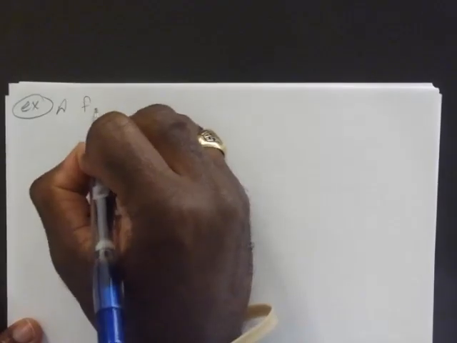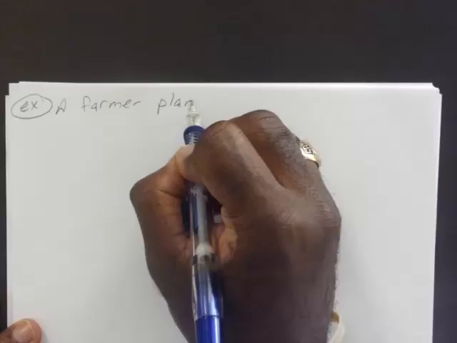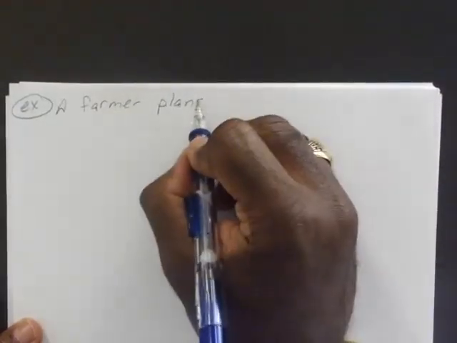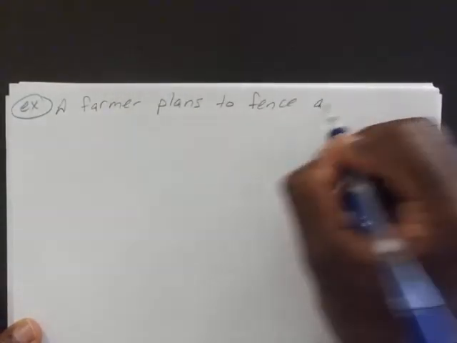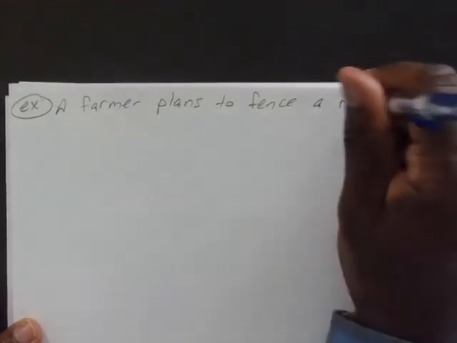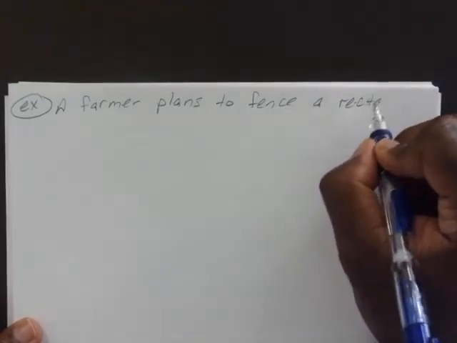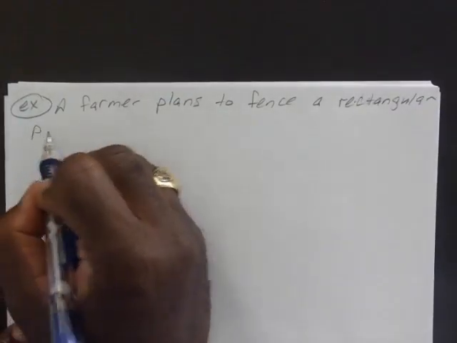So let's say, for example, a farmer plans to fence in a rectangular pasture adjacent to a river.